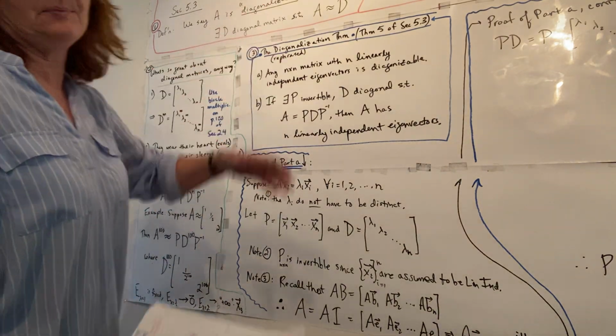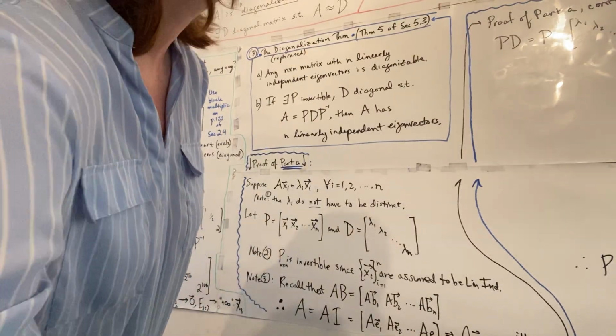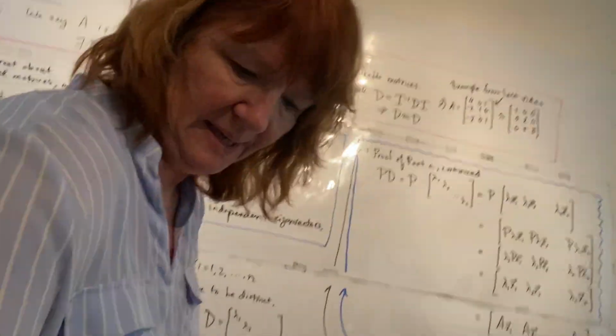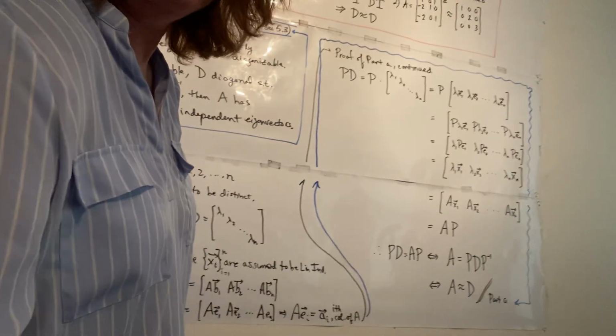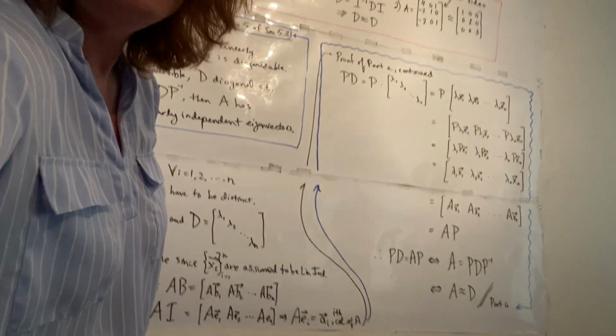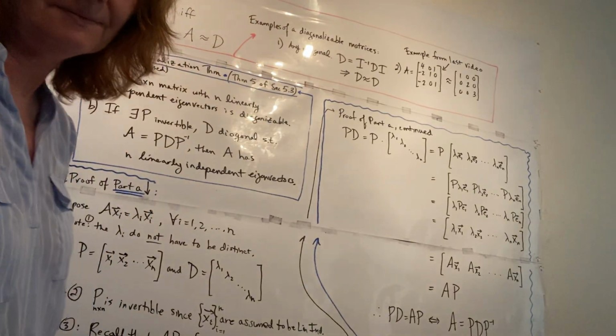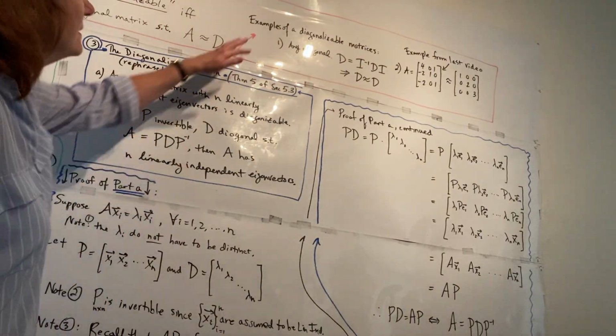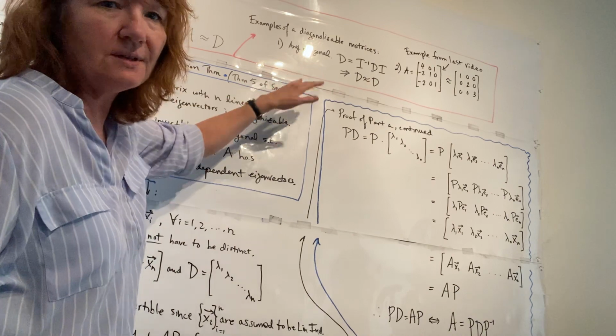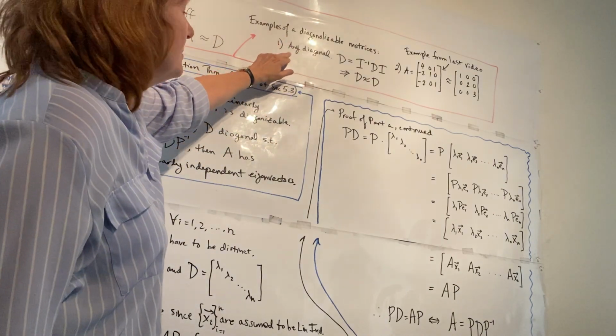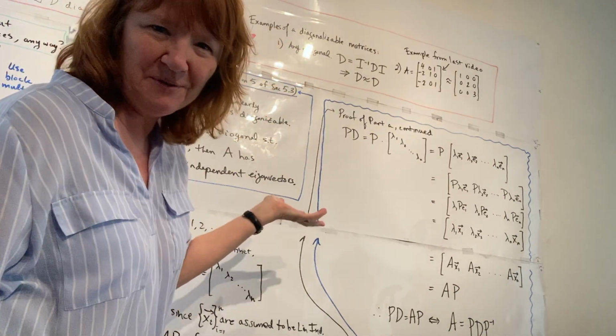Let's look at some examples of diagonalizable matrices. All right, can you read this? I think you can. For example, any diagonal matrix is diagonalizable.